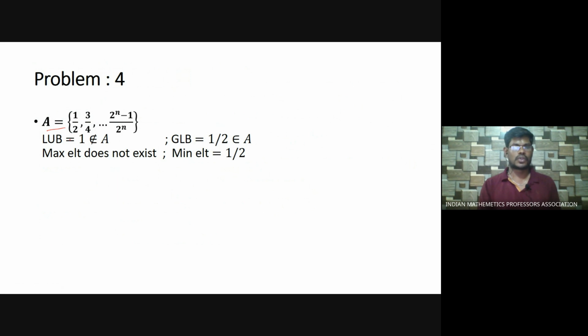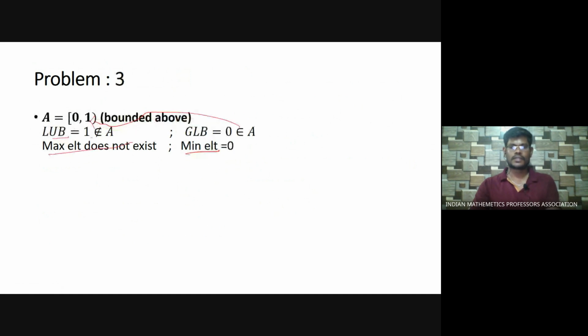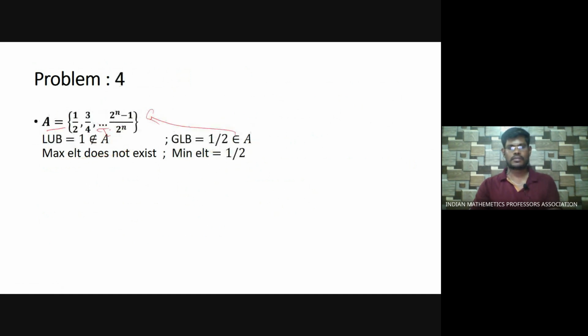Here we can easily identify the least upper bound is 1, which does not belong to A, and the greatest lower bound is 1 by 2, which belongs to A. So the maximum element does not exist and the minimum element exists. That's why this is bounded above.